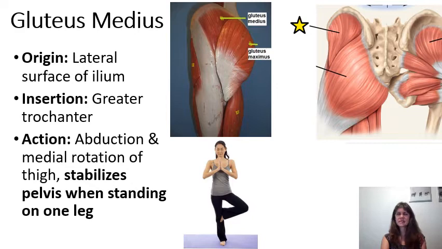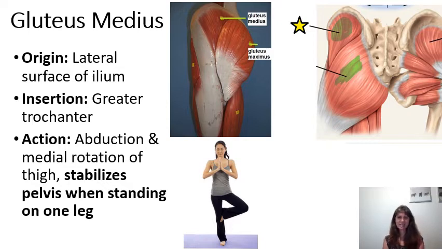Gluteus medius is somewhat superior to and lateral to Gluteus Maximus. The starred area on the picture on the right is pointing to Gluteus medius. The muscle inferior is Gluteus Maximus. Gluteus medius originates on the lateral surface of the ilium and inserts on the greater trochanter of the femur.